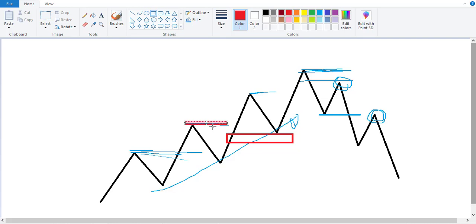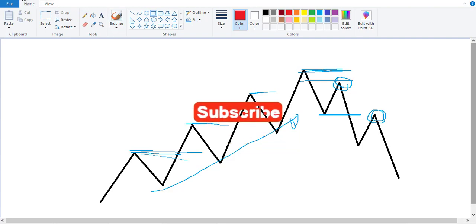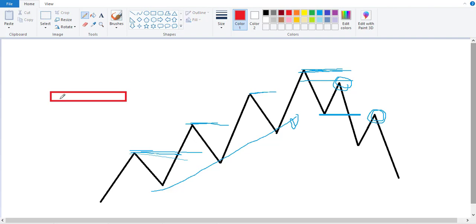In the case of a breaker, a breaker is more of an order block. But before I explain a breaker, let me explain how order blocks work. With order blocks, you are waiting for price to come, retest it, and bounce from the order block, just like this.